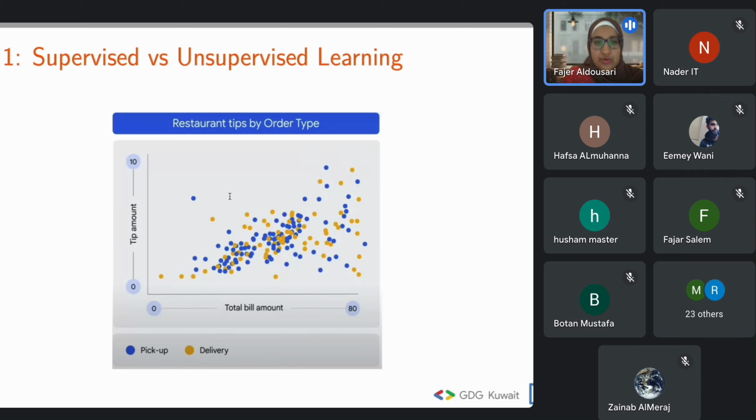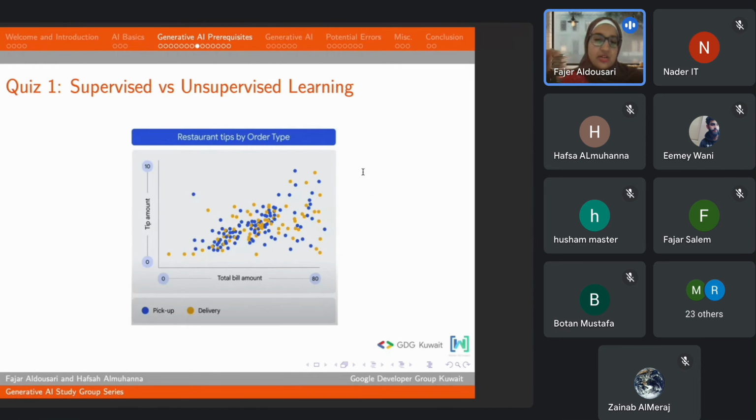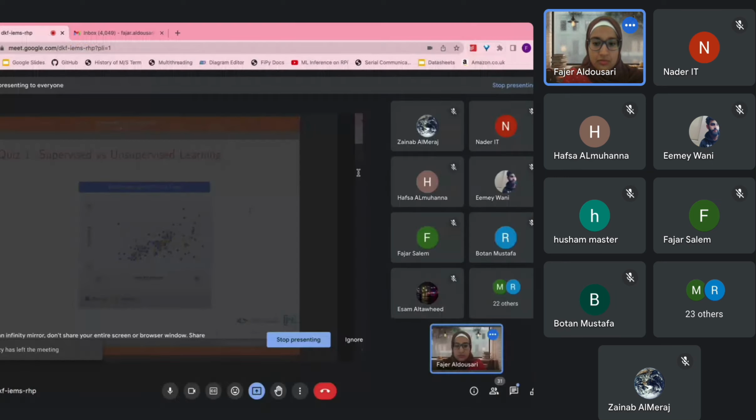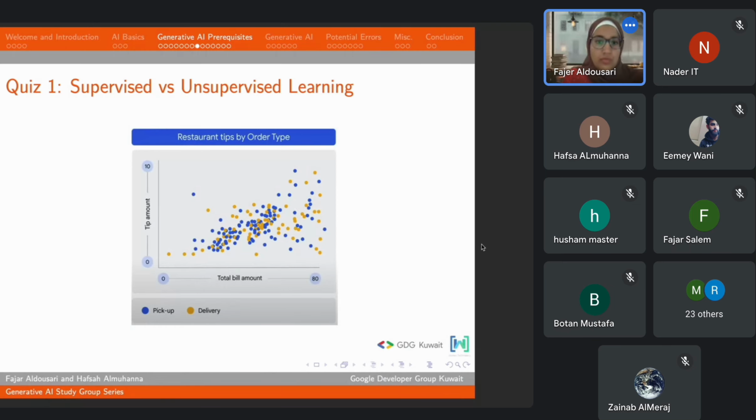We would like to know whether this is supervised or unsupervised learning. Maybe you can input your answer in the chat. I'll give you a few seconds to take a look at the graph.